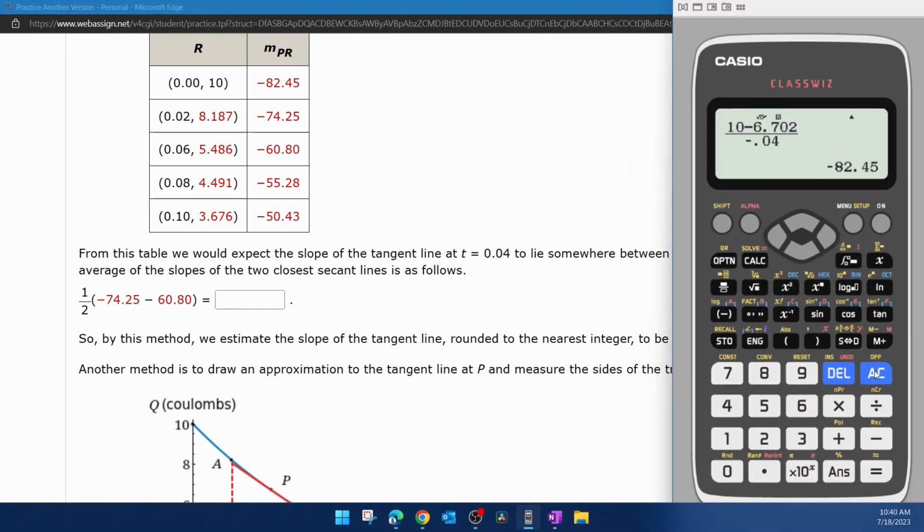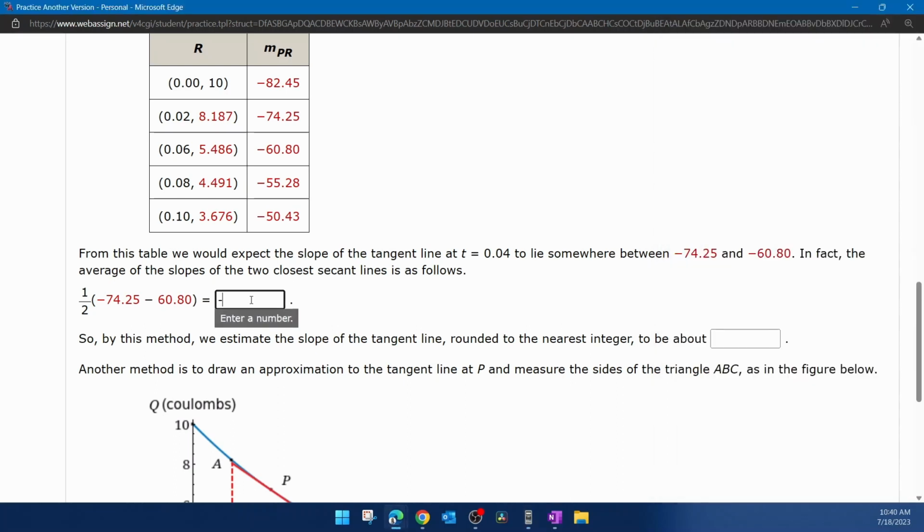So again, we're going to pull up our calculator and calculate the average. 0.5, a half, times negative 74.25 minus 60.80, and as a decimal gives us negative 67.525. Negative 67.525 as our estimated slope at time 0.04.